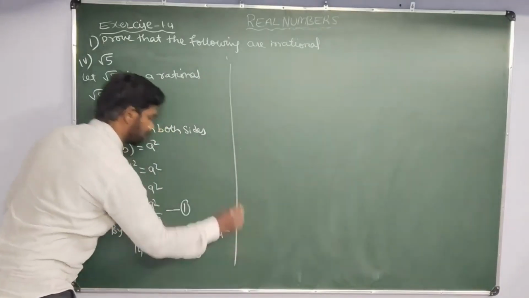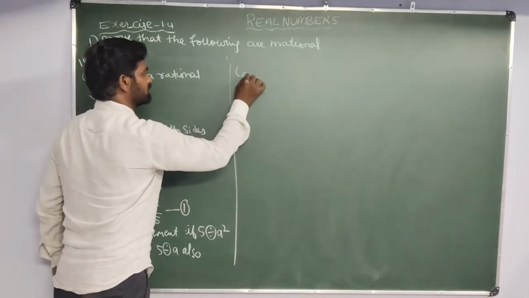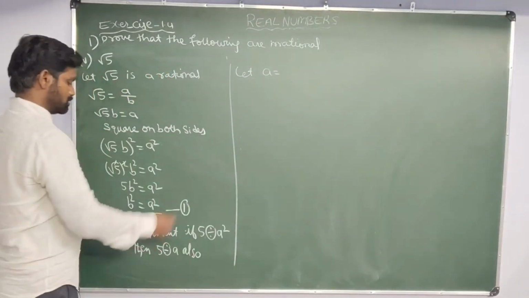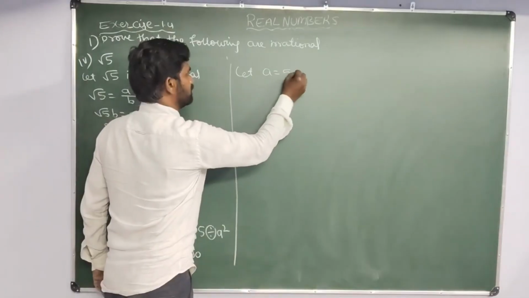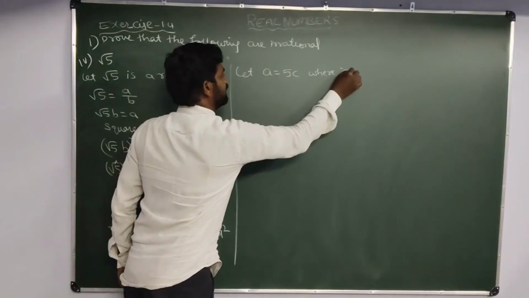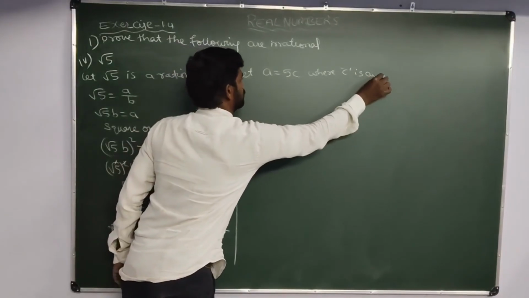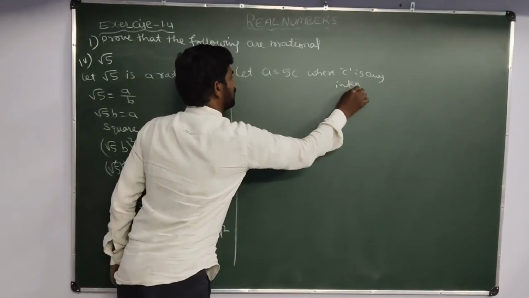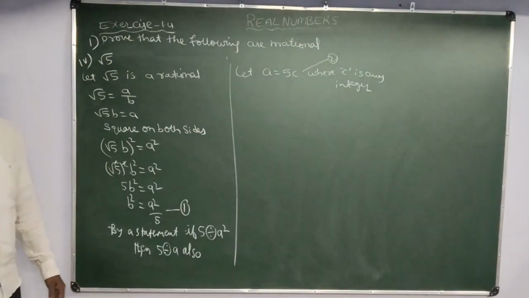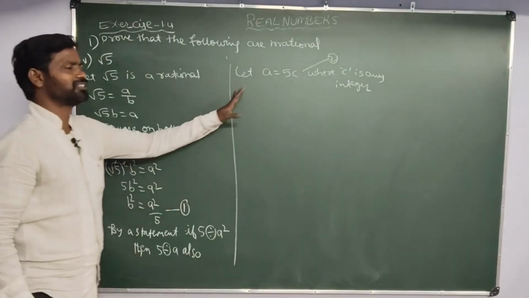In the next step, let a is equal to 5c, where c is any integer. We have to assume a is equal to 5c.